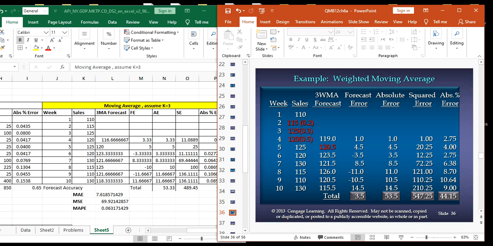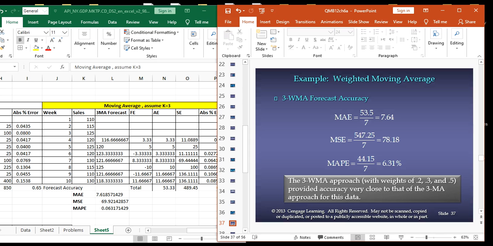Now, as I said, we do our calculation and we never know whether this is better than the other one unless we compare the mean of absolute errors, mean of squared errors, and mean of absolute percentage errors to the previous method.